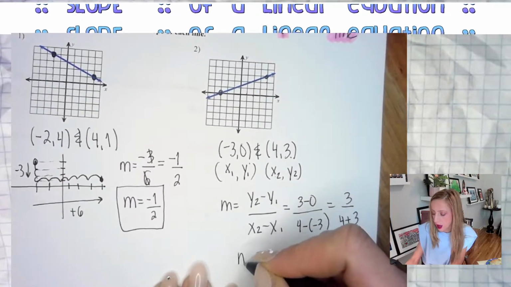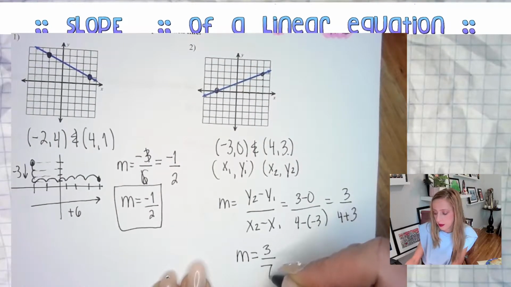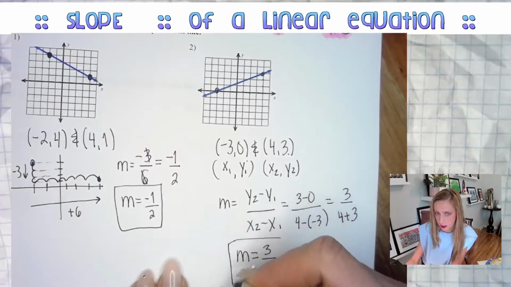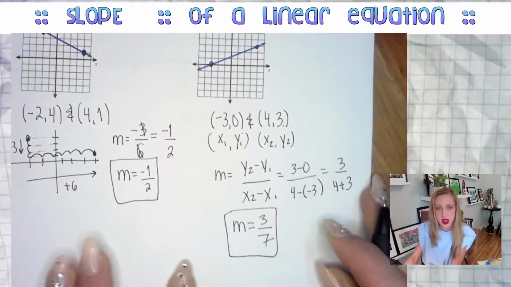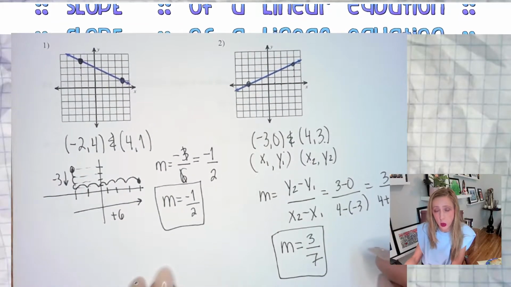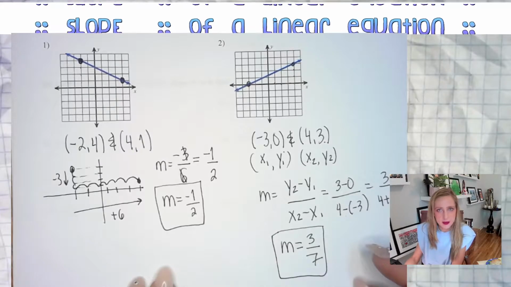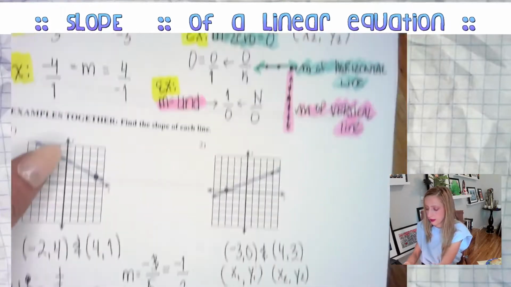And then that will become m equals 3 over 7. And that is the end of that example. So in either case, we're able to show work in 2 different techniques. Let's move on.